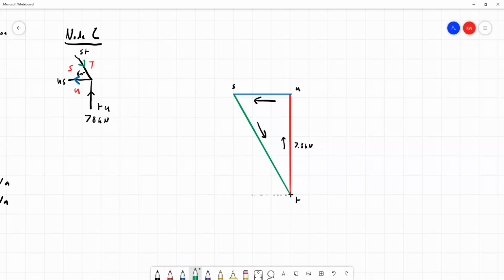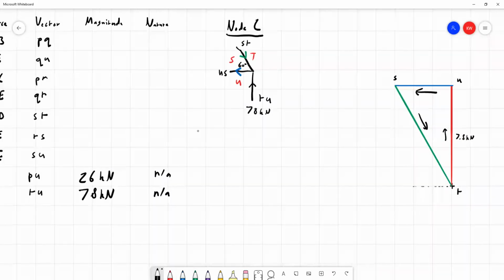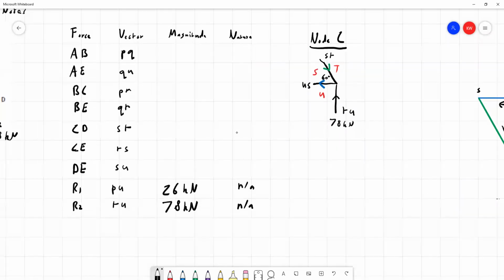And this tells us two things. It tells us that ST, since the internal force is acting towards the node, must be a strut. And a strut's internal forces act towards the node to counteract and balance the forces of compression which are acting on it, because the forces of compression act on the ends of the member, so the internal forces act the other way.